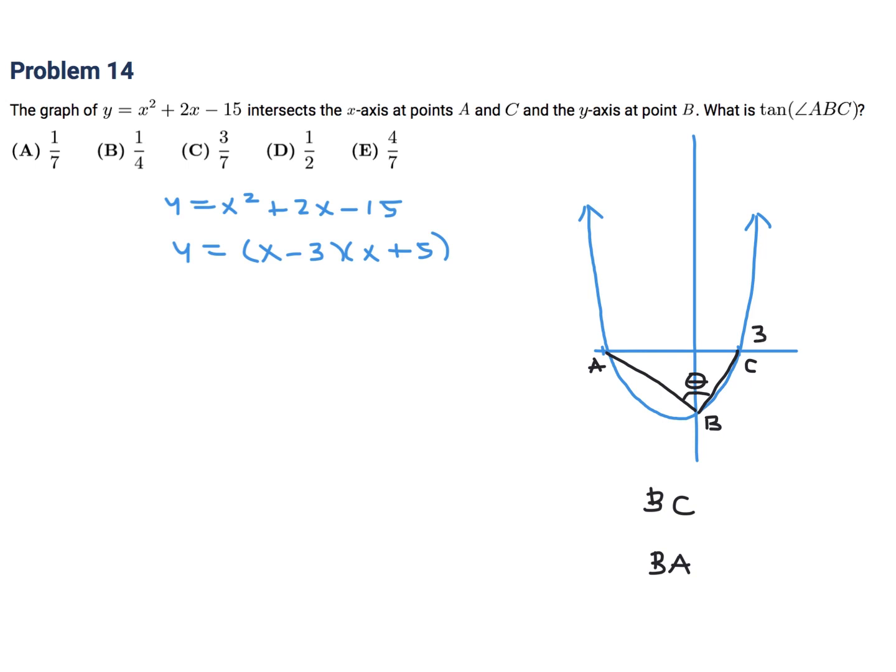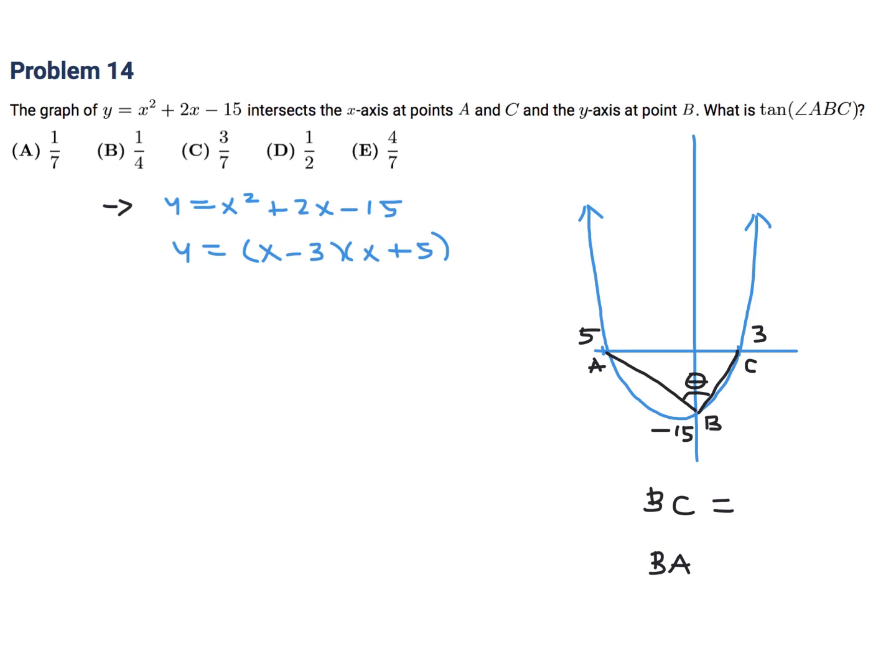Well, this is 3 and this is 5. And then B I can get, that's the y-intercept, which happens when x is 0. So when x is 0, that is minus 15. Okay, so this obviously was not drawn to scale, but that's okay. So BC, I can just use Pythagoras or the distance between 2 points.